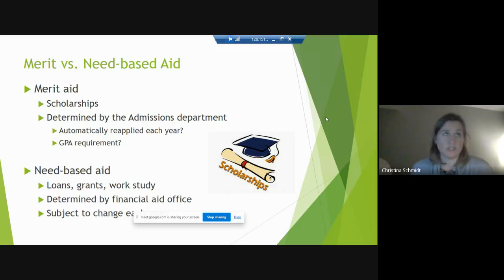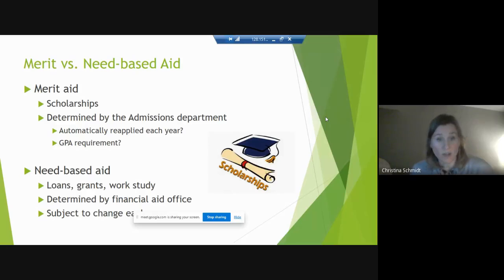At University of Rochester, for example, if someone is only eligible for a merit scholarship, they don't have to complete the FAFSA or the CSS need-based applications each year. So merit is usually different than need-based aid.